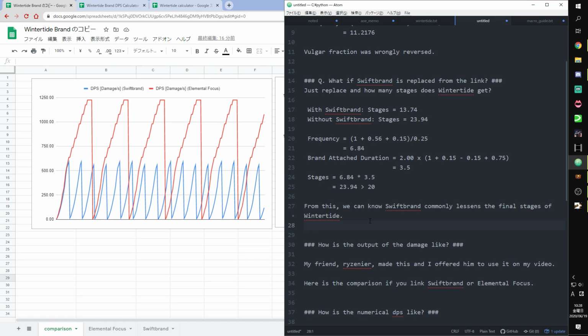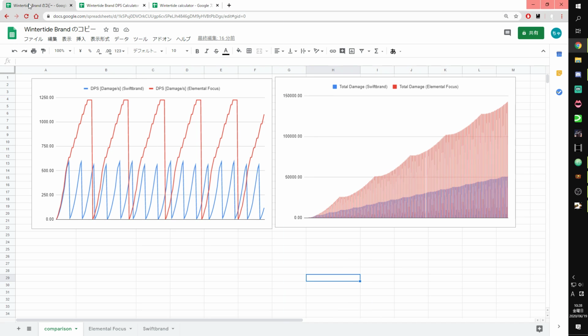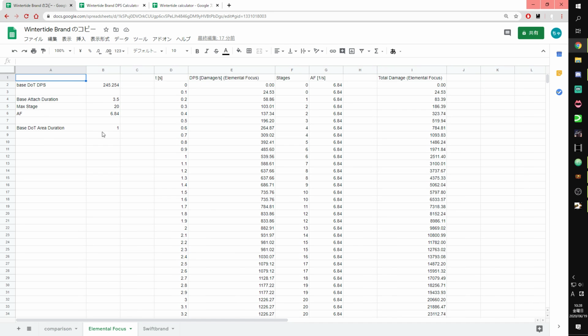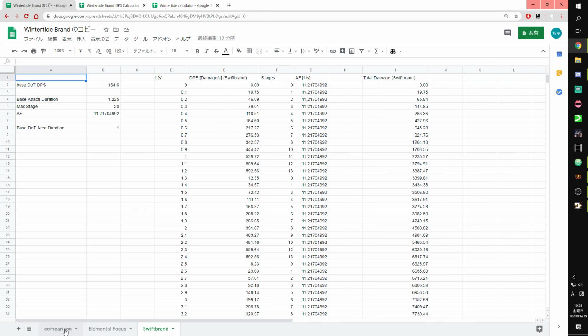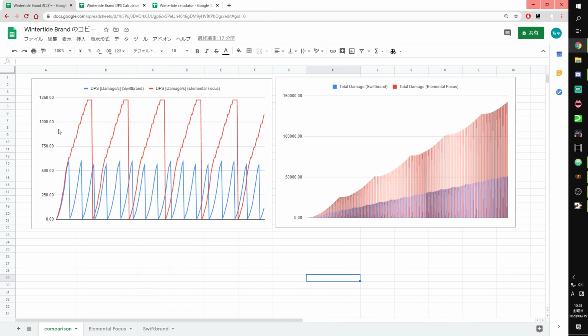My friend Ryzenier made this calculation, and I offered to use it in my video. This is the graph. He calculated from my calculation, more precisely, and the graph is like this.